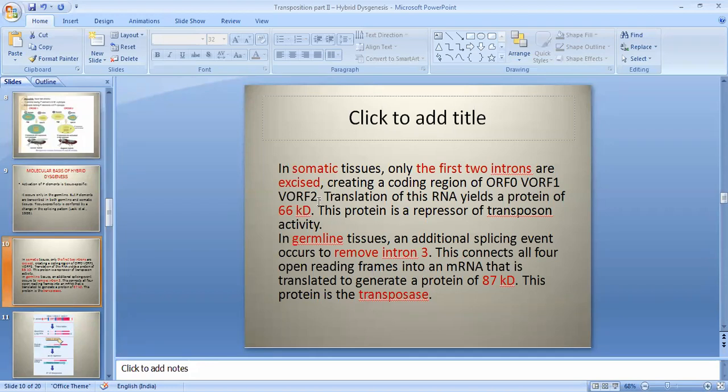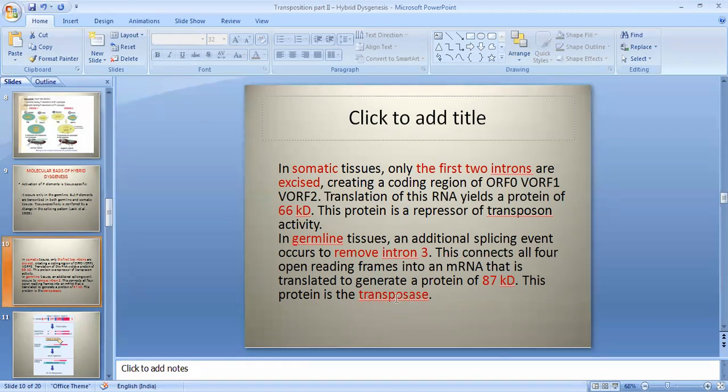and ORF3 also gets expressed, I mean translated. Therefore, in germline, all four open reading frames are connected to get the mature mRNA, and when it is translated, it produces a 67 kilodalton transposase enzyme.